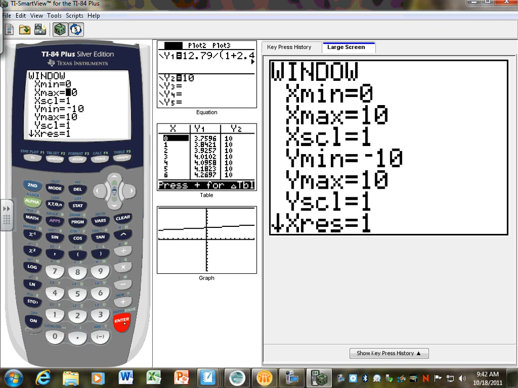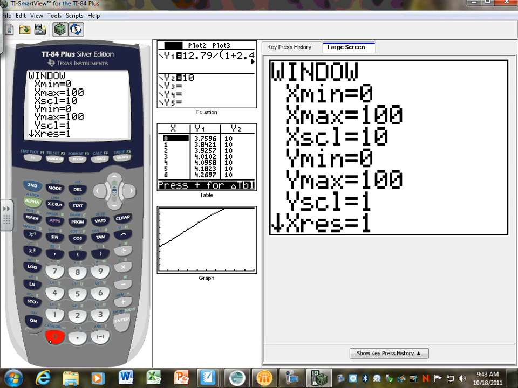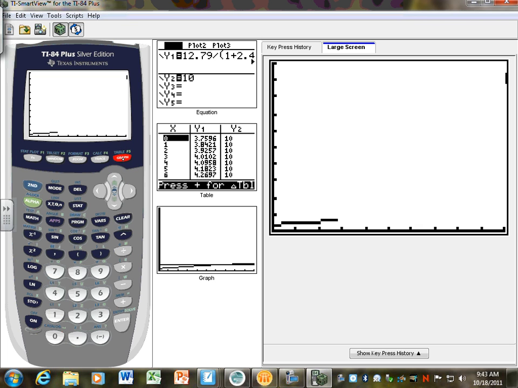And let's go to 2000, so we could go from 0 to... Let's make that go by tens. And let's make the y go from 0 to 100. And let's make that go by tens also. And let's see if we can see if these intersect.